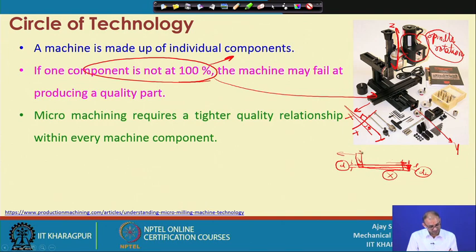So, you end up with breakage of the tool and rejection of the workpiece also. So, each and every small thing you have to be very careful about in designing the component, and you also have to see that after 6 months or after 1 year your machine is exactly giving the same thing whatever you are doing. That is called calibration of the machine, and that is very important in the micro machining domain.